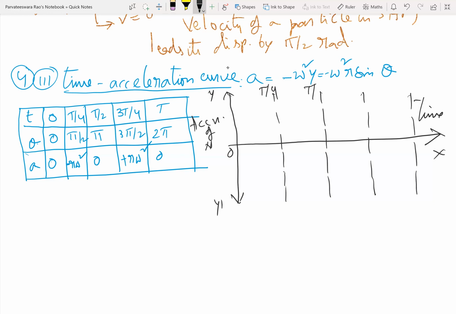T by 4, T by 2, 3T by 4, T, pi by 2, pi, 3 pi by 2, 2 pi.